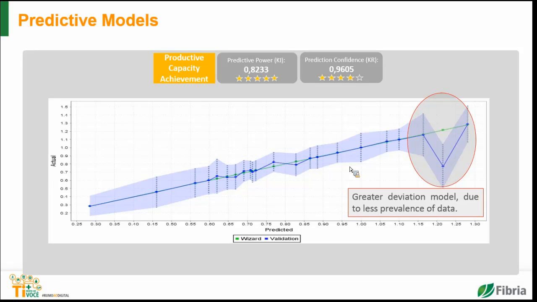But at the end, you see a very great deviation in this part. And this deviation can be a lot of things, but in this case, it was less prevalence of data. So I had much less data to train this model at this time.